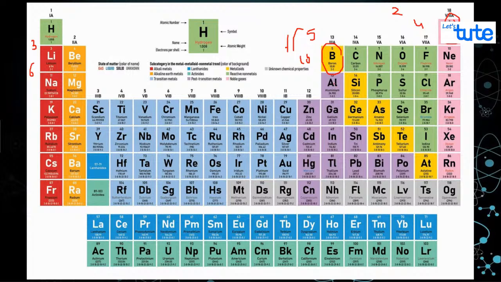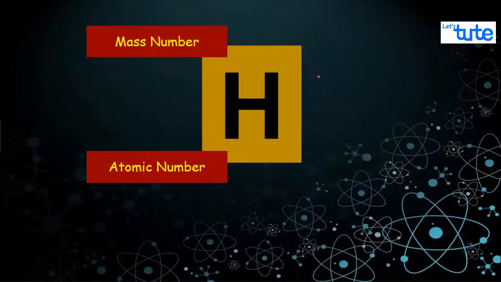For example, we just saw the aluminium one. The atomic number of aluminium is 13, but the atomic mass of aluminium is actually 27. So here you can go wrong. You will have to be careful about which elements you can multiply by 2 and which elements you can't.